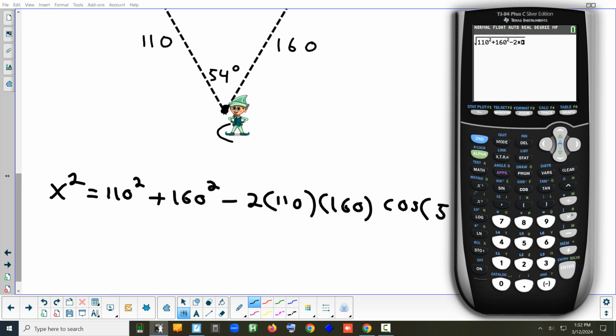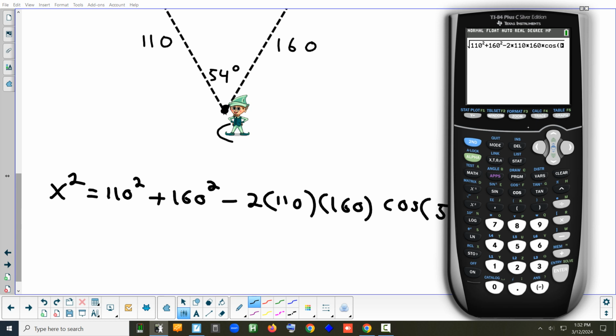Minus 2 times 110 times 160 times cosine 54. I think it'll handle all that fine. So the distance between the 2 points is 130.422.